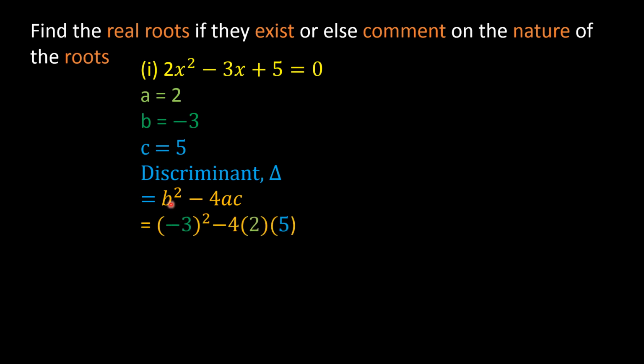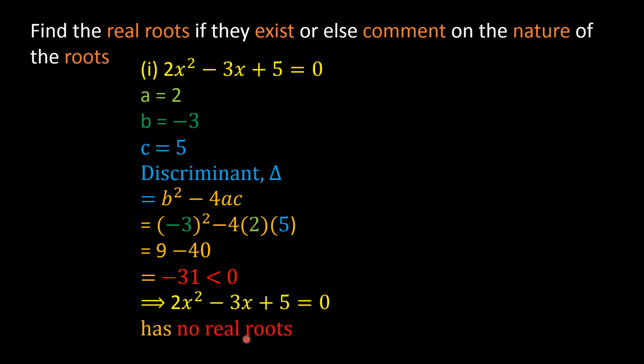Substituting the values, b equals minus 3, a is 2, and c is 5. So minus 3 squared will be 9, minus 4 2s are 8, 8 5s are 40, so 9 minus 40, which will be minus 31, which is negative. So since discriminant is negative, we conclude that 2x squared minus 3x plus 5 equals 0 has no real roots.